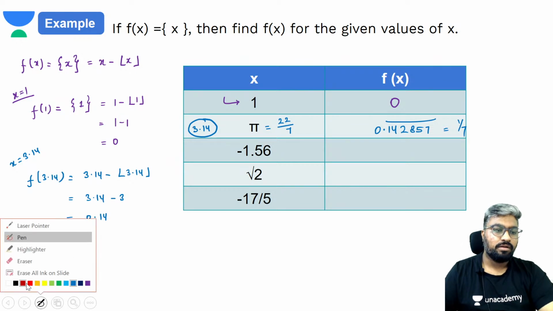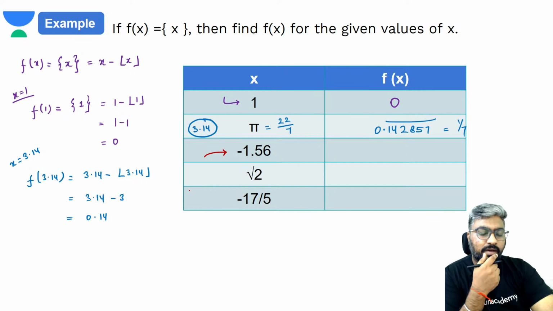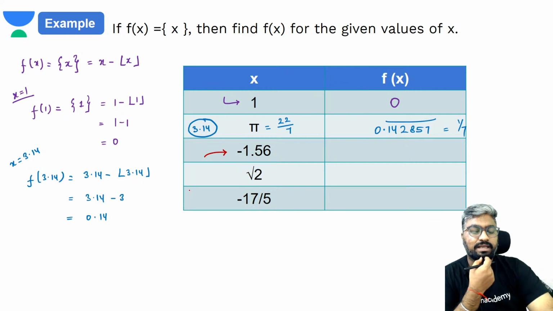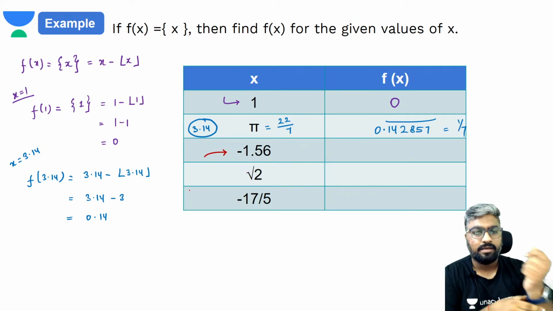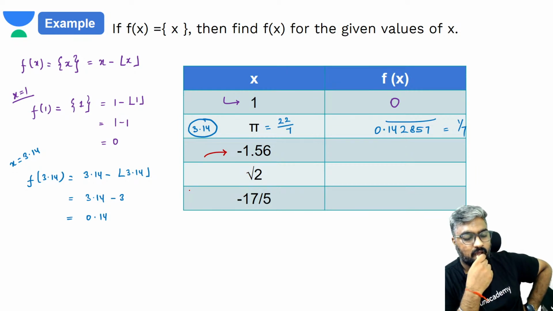We'll do one more, फिर बाकी के 2 होमवर्क दे दूंगा. ये वाला ट्राई करो. Minus 1.56. Quickly try this. What will be the fractional part of this? जल्दी से. ये वाला ट्राई करो.